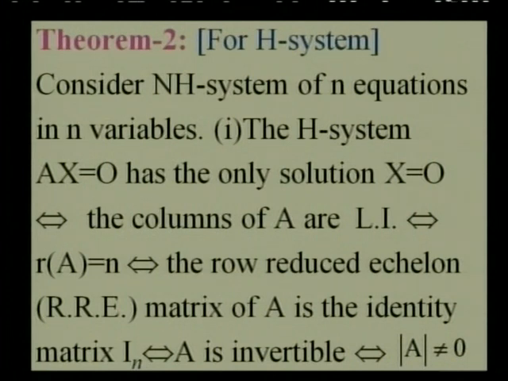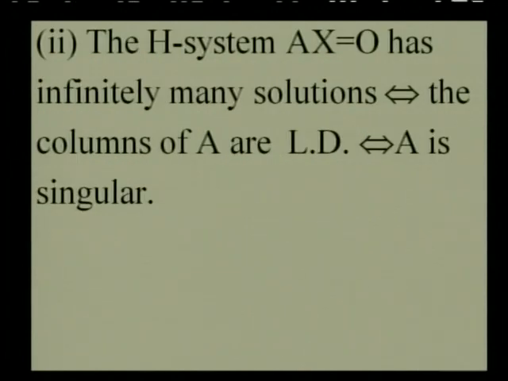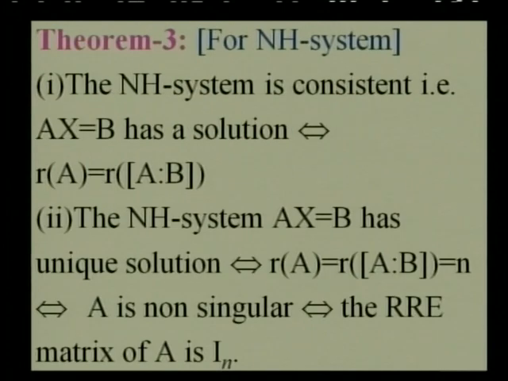You can see that on the screen. Whenever the NS system AX equal to B has a corresponding S system with a unique solution, the only solution, then we have seen that determinant A is not 0 and rank of A equals rank of AB equals n.